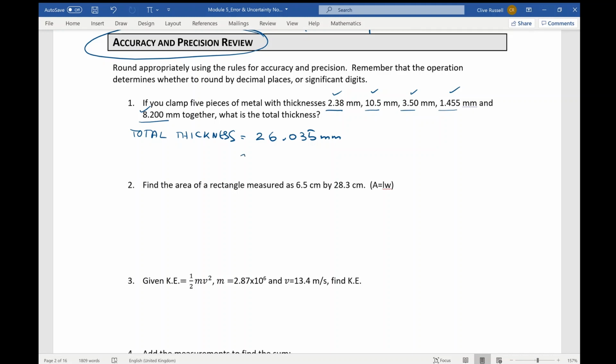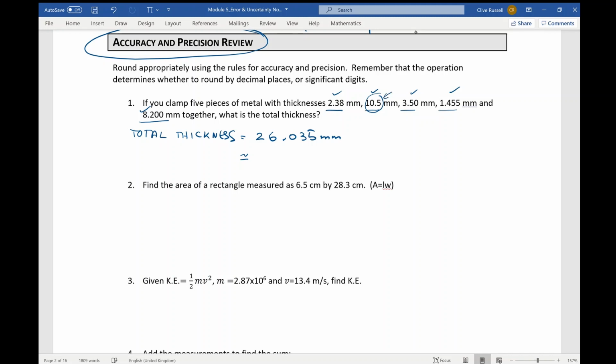Well, no, because if our last operation is addition or subtraction, we round based on precision or place value. If you look at this, the least precise number is this right here, with 1 decimal place.